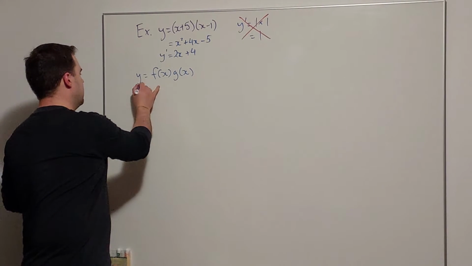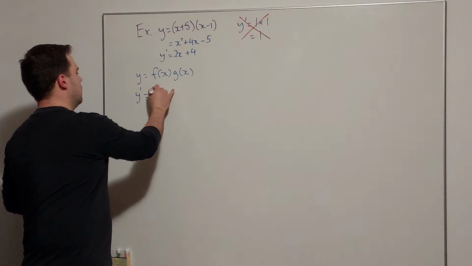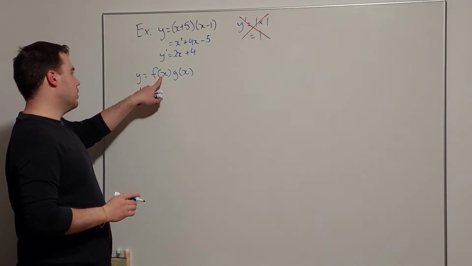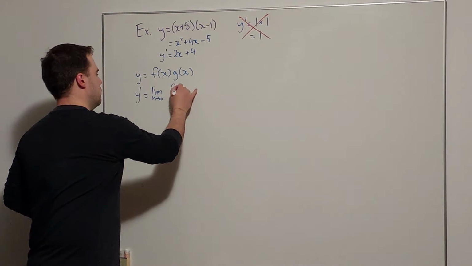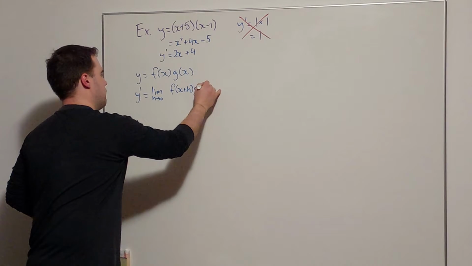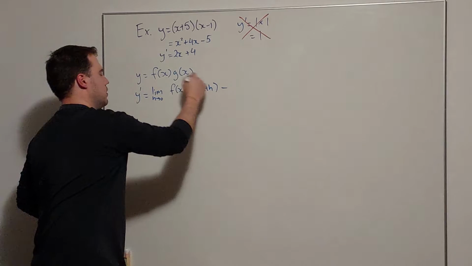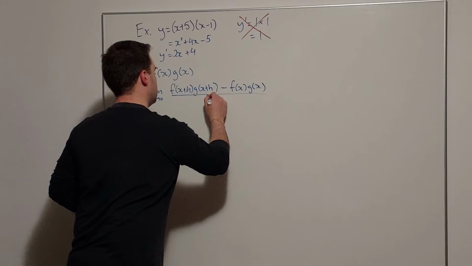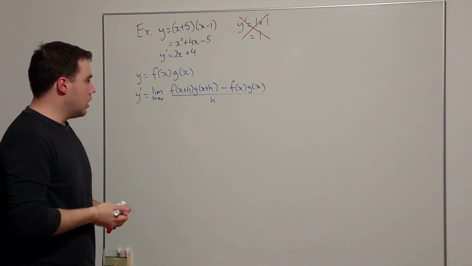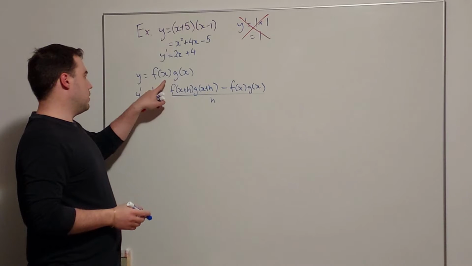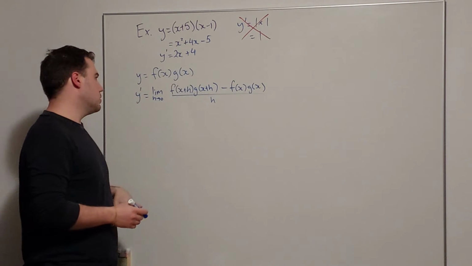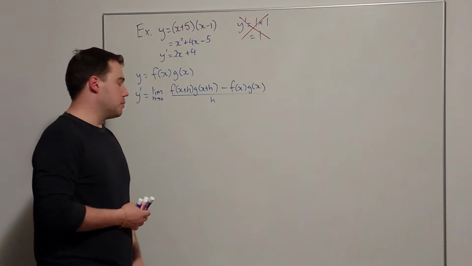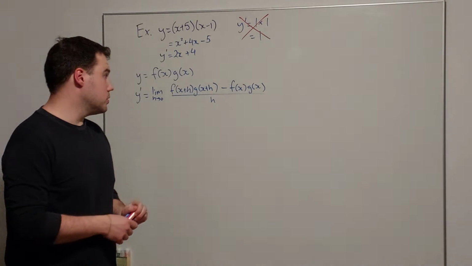The derivative of this is going to be the limit as h goes to 0 of the difference quotient, where we input x plus h into the function, and we subtract the original function, just inputting x into it, and that's all over h. Obviously there's an invisible times there, and this is an expression for its derivative using first principles.